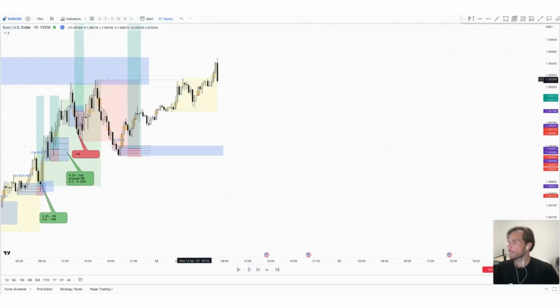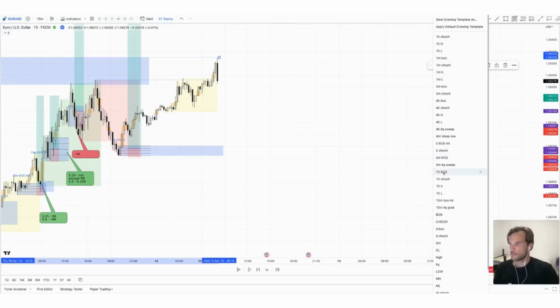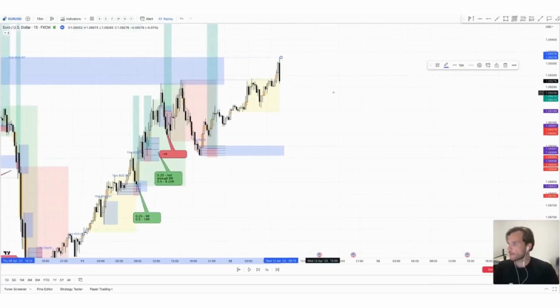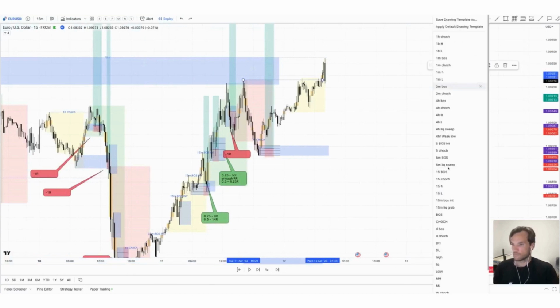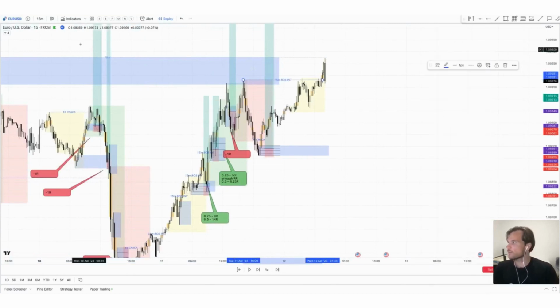Alright. So yeah, this is another break. What do we got? This is the one we're looking at. Oh, so close. Internal here. Oops, wrong one. This is the internal. After we had the sweep.